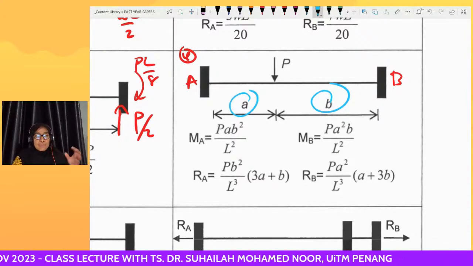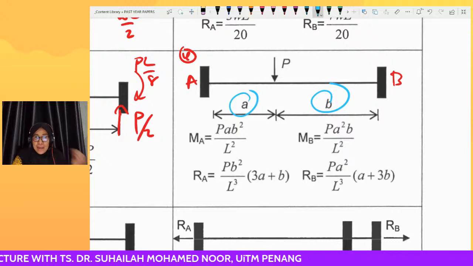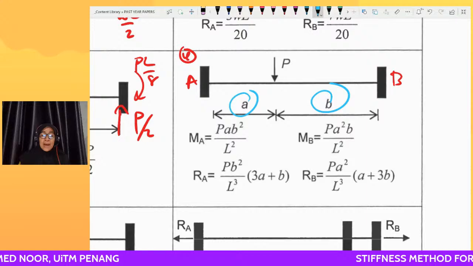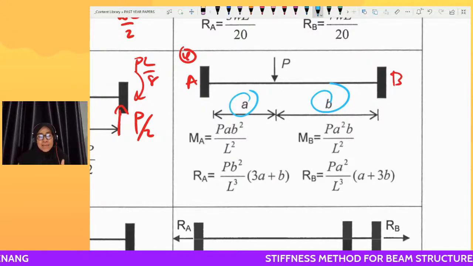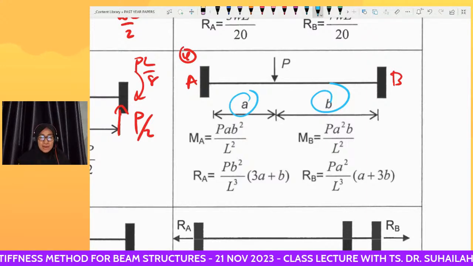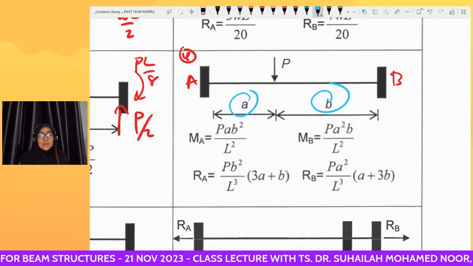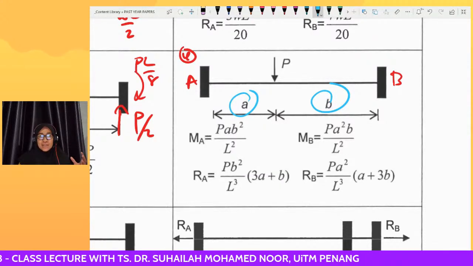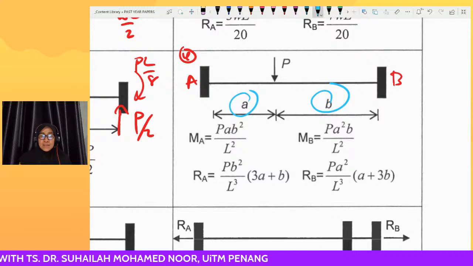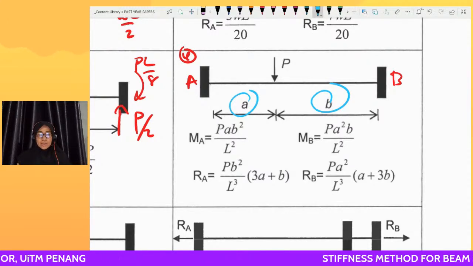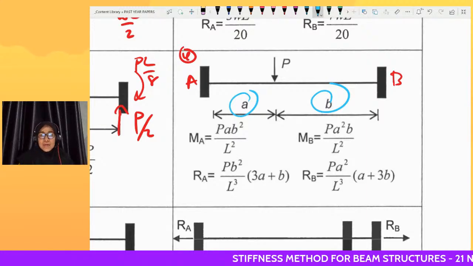Since P is not at the center, the formulas to calculate the moment at supports A and B, and the vertical reaction at A and B, are all not equal. So there are four different formulas.